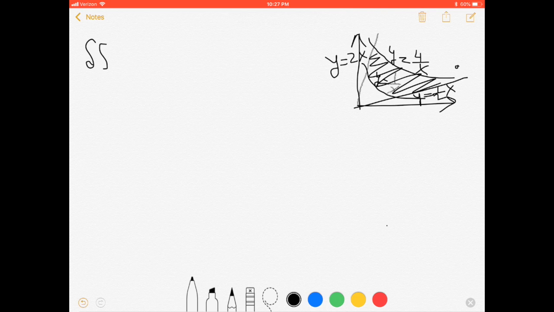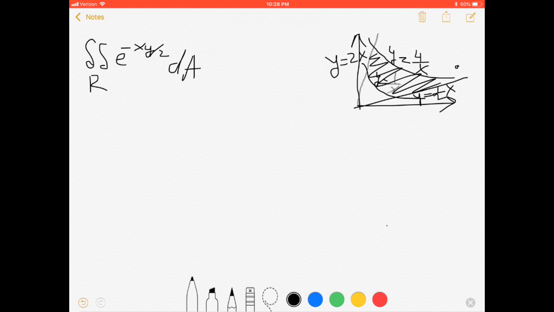We have the integral over R of e to the negative xy over 2 dA. This means first we need to make our region more simple, and at the same time we need to save our function being simple.